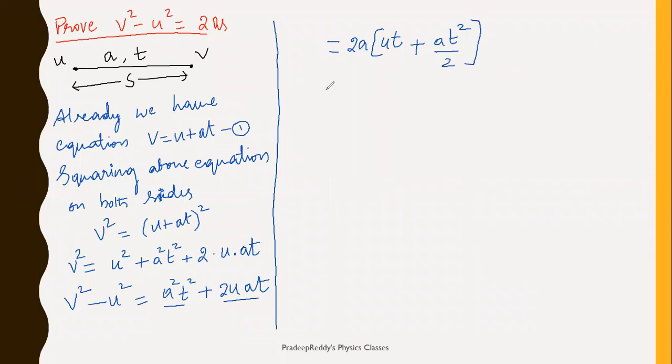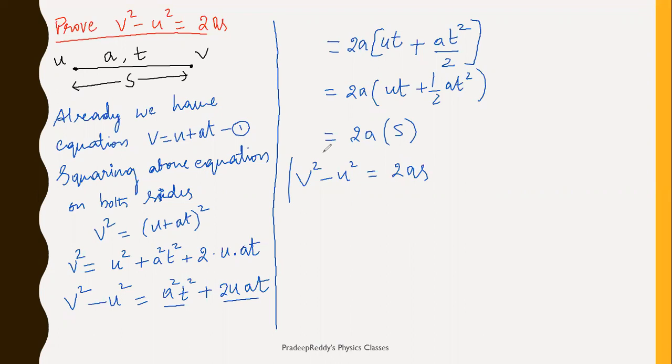This is equal to 2a into this total term, you can write it as ut plus half at square. This is equal to 2a. What is ut plus half at square? That is equal to s. Therefore, finally you can write v square minus u square is equal to 2as. This is equation 3, which is helpful in solving problems in kinematics.